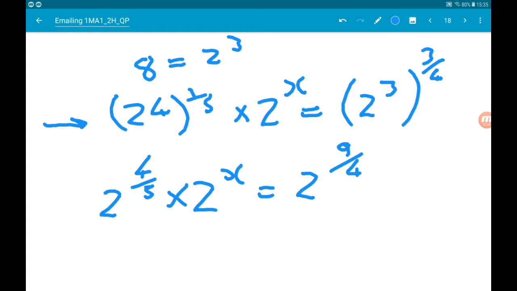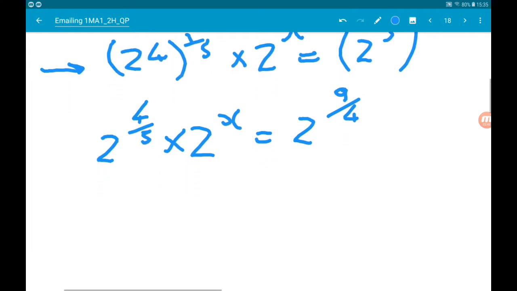Okay, now on the left, because both bases are now 2s, we can combine the indices. When you multiply them together, you add the indices.